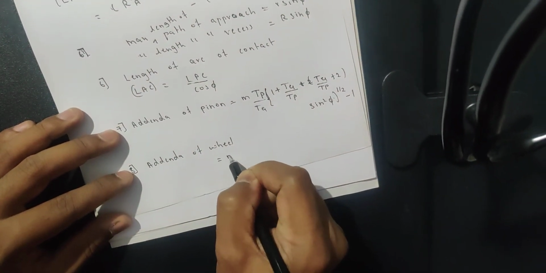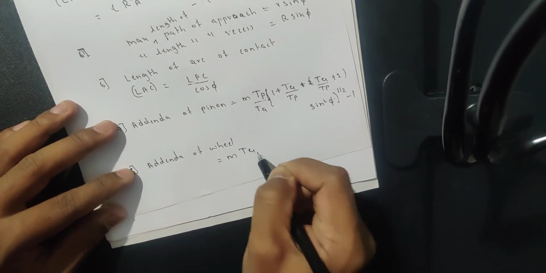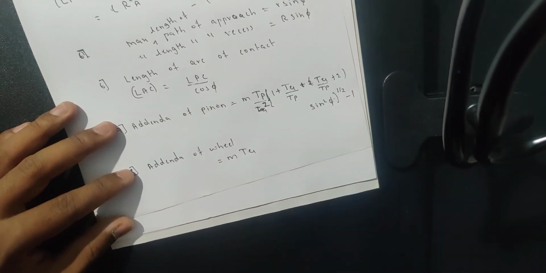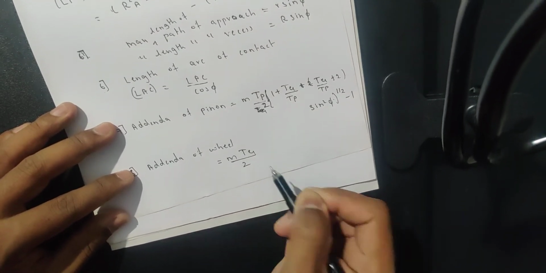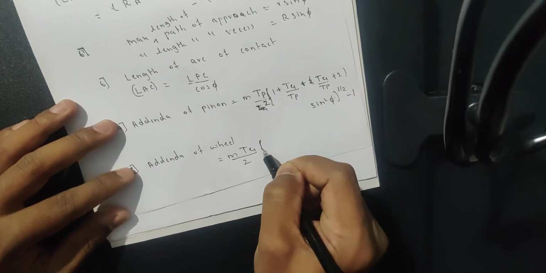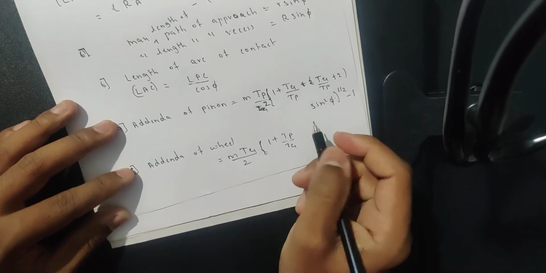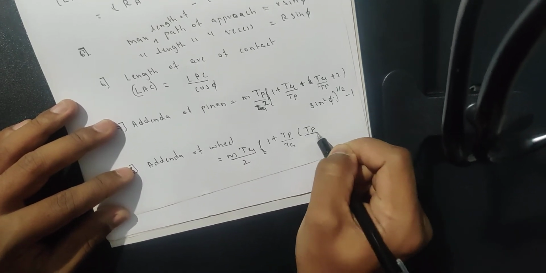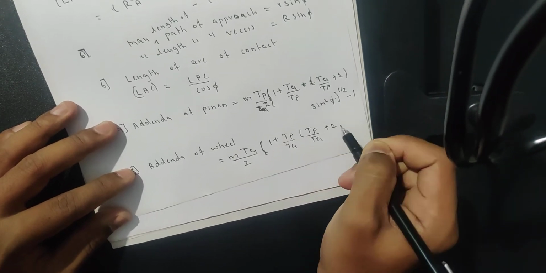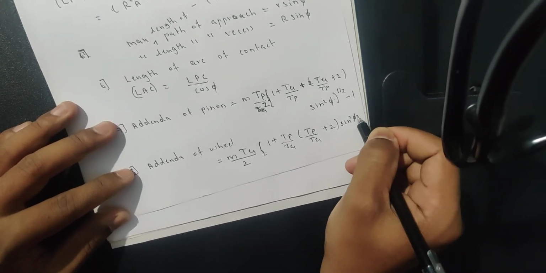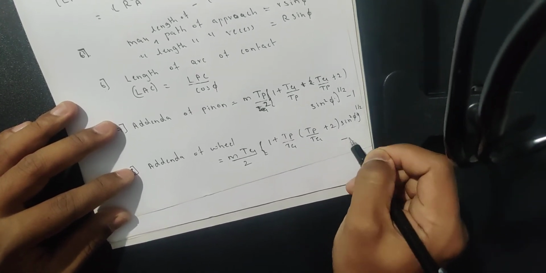We will write it as m into number of teeth on gear divided by 2, m upon Tg divided by 2, and you will get the same thing: 1 plus Tp divided by Tg into Tp divided by Tg plus 2 sine square phi, raised to 1 by 2 minus 1.